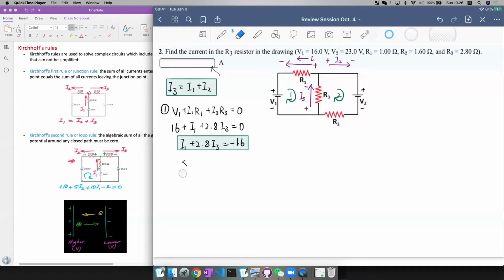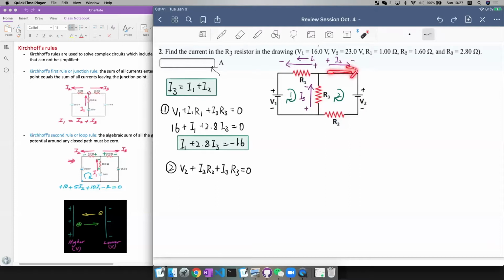All right. So next we have our third equation. For the second circle, we still write down all the components. We have V2 plus I2 R2 plus I3 R3. Then we again check the gain and the loss.